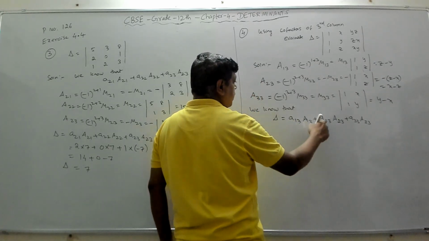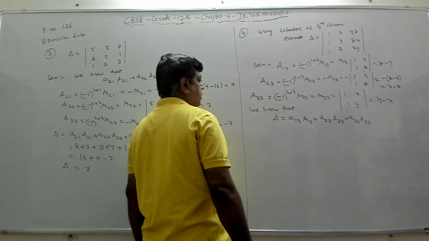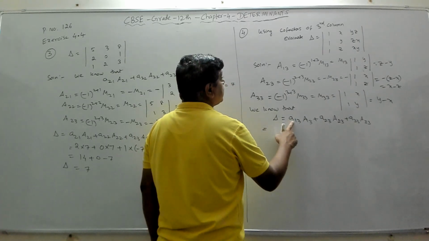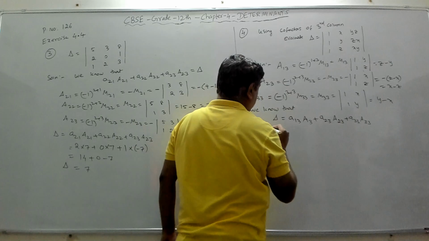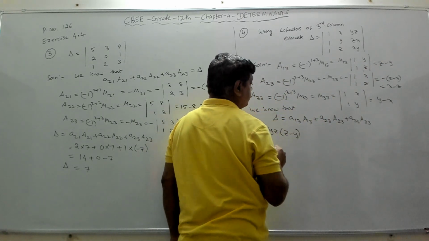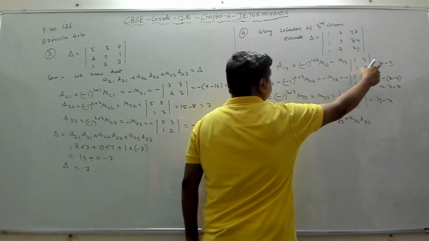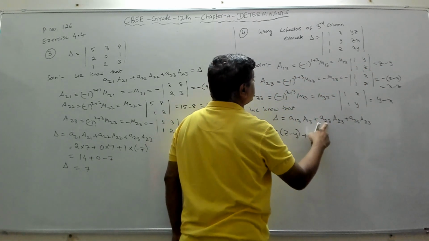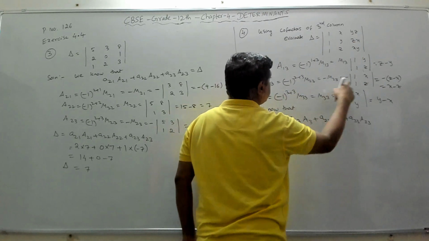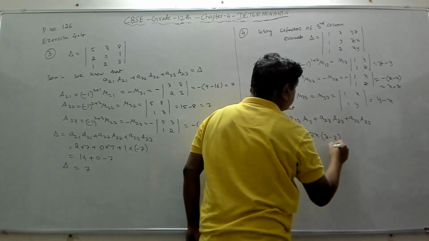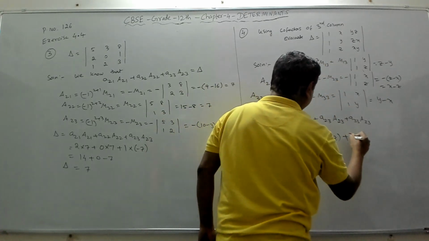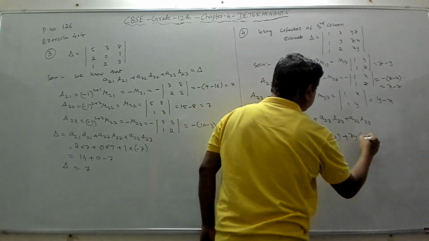Here small a's are elements, capital A's are cofactors. So delta equal to, what is A13? yz into z minus y, that is A13, plus A23. A23 is zx into capital A23, capital A23 is x minus z, plus xy into A33, which is y minus x.